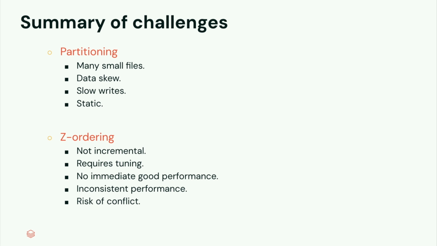We have another technology called Z-ordering, which solves some of the problems with partitioning, but the challenges here are it's not incremental, and you need to really tune these workloads via maintenance operations to get good performance. And with maintenance operations here, there's a risk of conflict with existing business transactions that might cause even more delays.